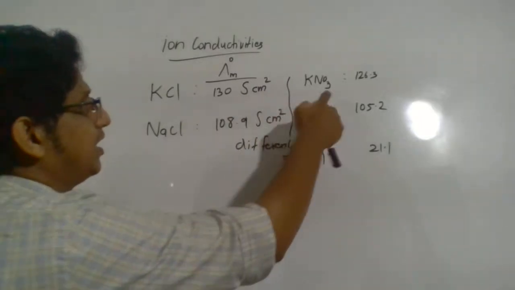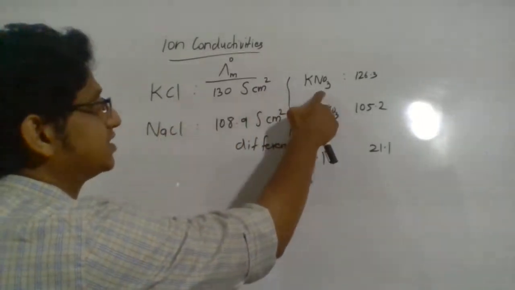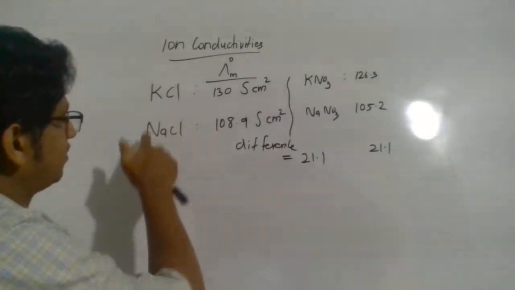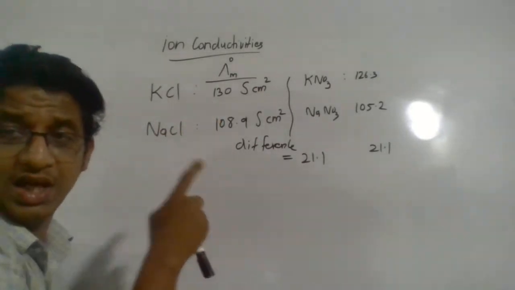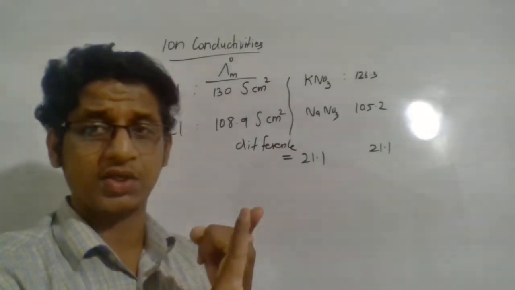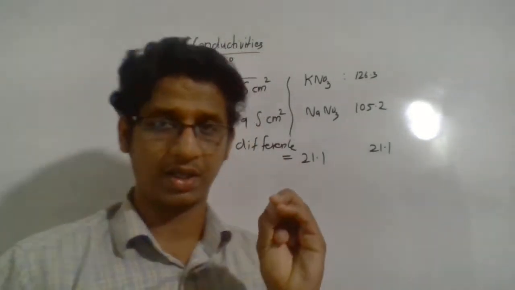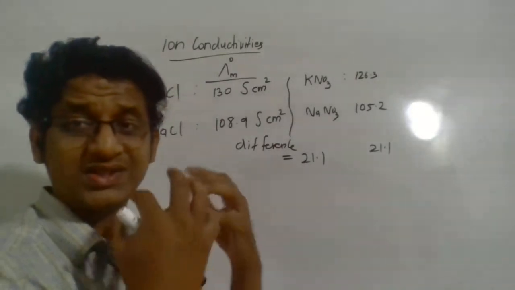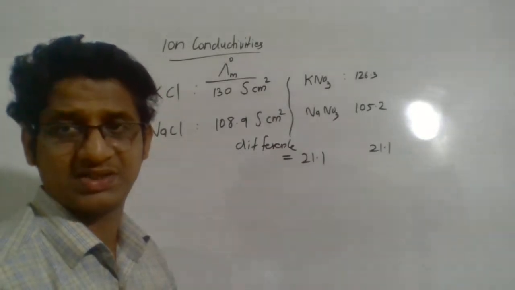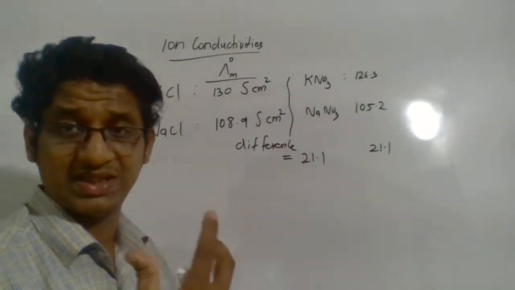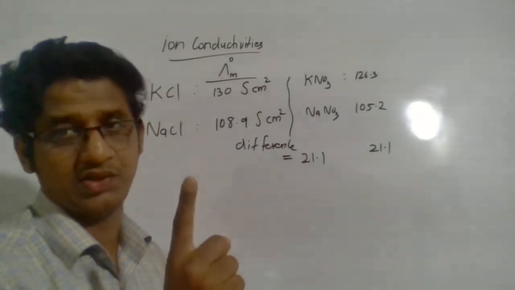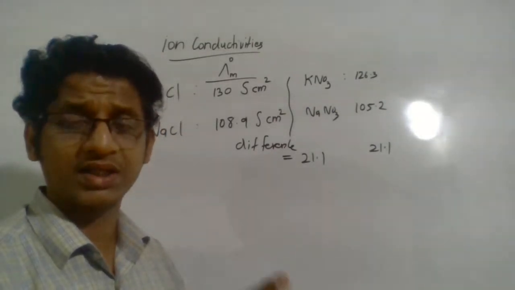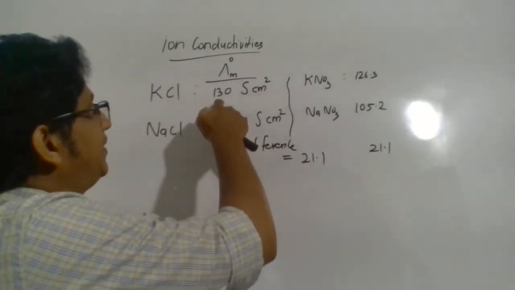Here look at this. Cation is same, anion is different. You saw difference in molar conductivity. Here anion is same, cation is different. You saw different molar conductivity, which means anion and cation both play an important part in molar conductivity. That's the first point. Second point, what kind of compound it is doesn't matter. When you're talking about infinite dilution, always remember we are talking about molar conductivity at infinite dilution, the limiting molar conductivity.